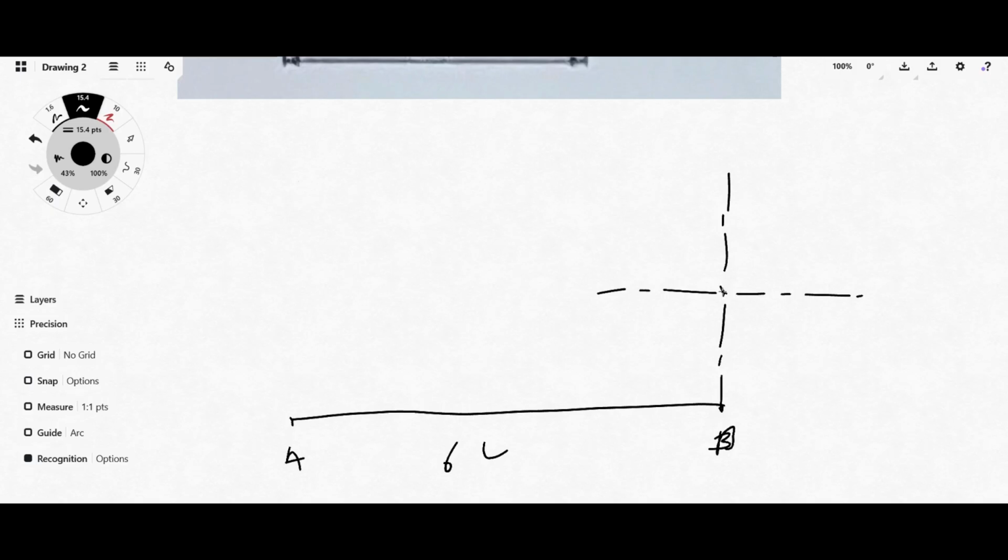This is a messed up center line, but you have your center line here, and the distance between here and here, this is supposed to be 64.